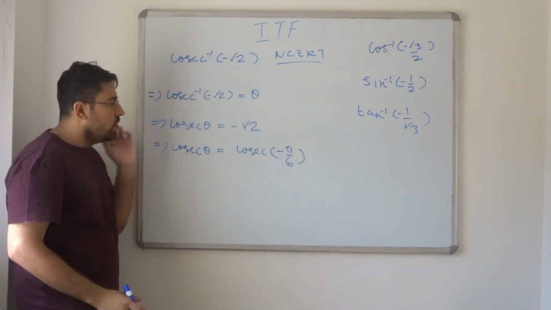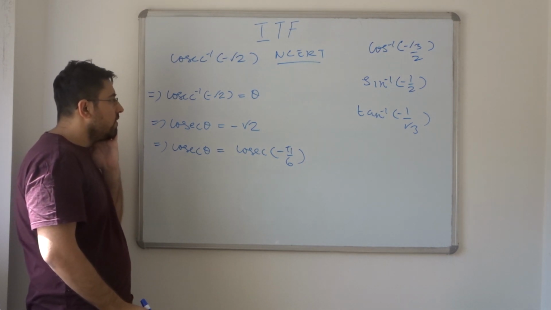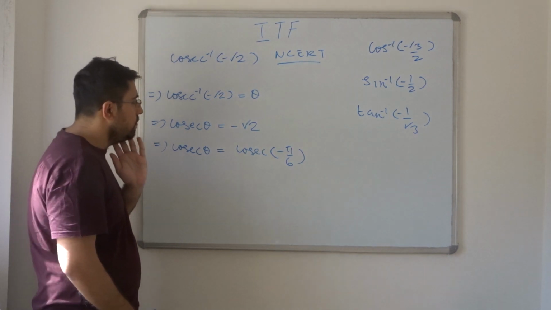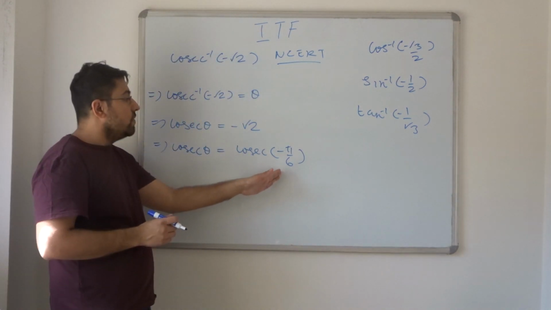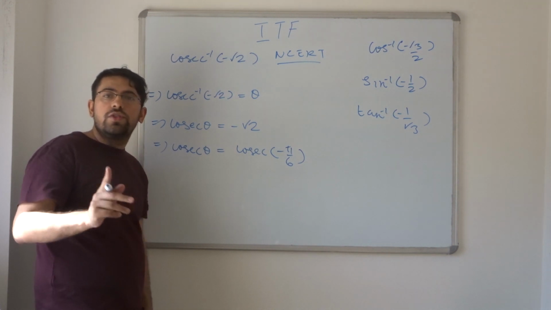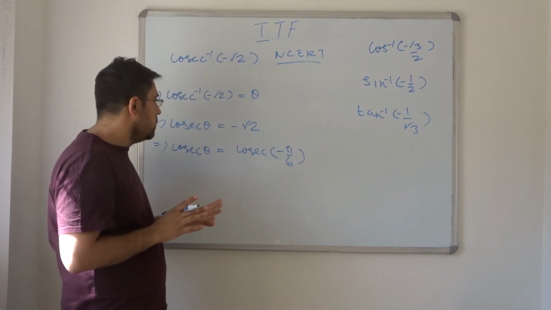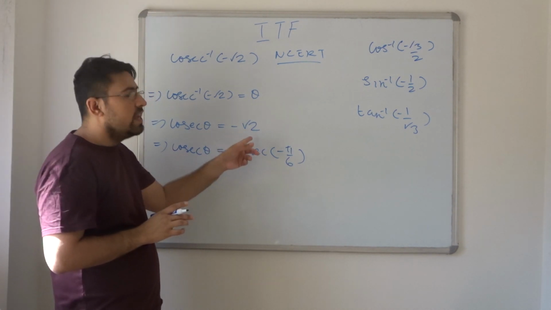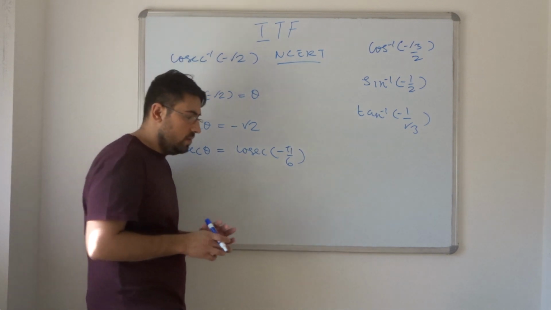Don't worry about the negative. Now guys, there's one more thing I want you to be careful about. I've made a mistake which I just realized. Guys, this is not negative 2. This is negative root 2.